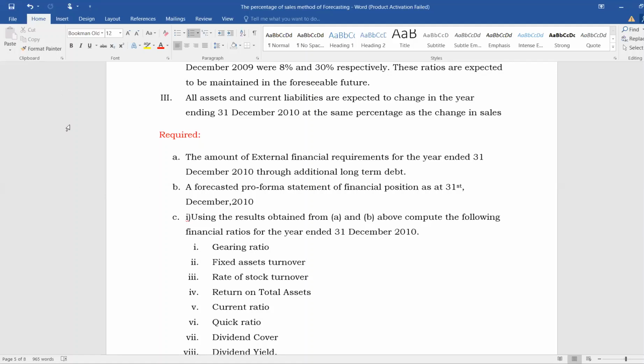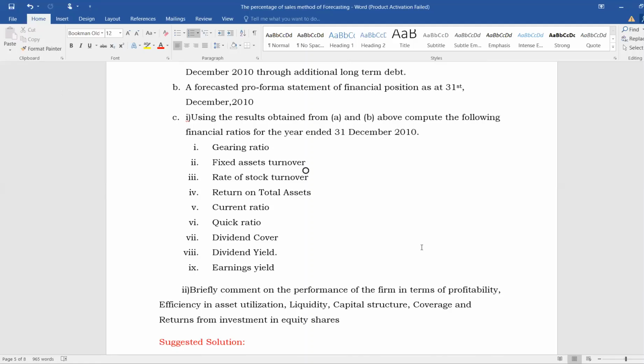An exercise to do in the course of the day. Using the results obtained in part A and B above, compute the following financial ratios for the year ended 31st December 2010. Gearing ratio, fixed assets turnover. Gearing ratio, what's the formula?